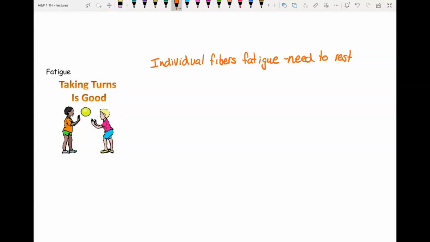But the muscle as a whole can stay contracted for a long time. This is because the motor units within the muscle take turns.